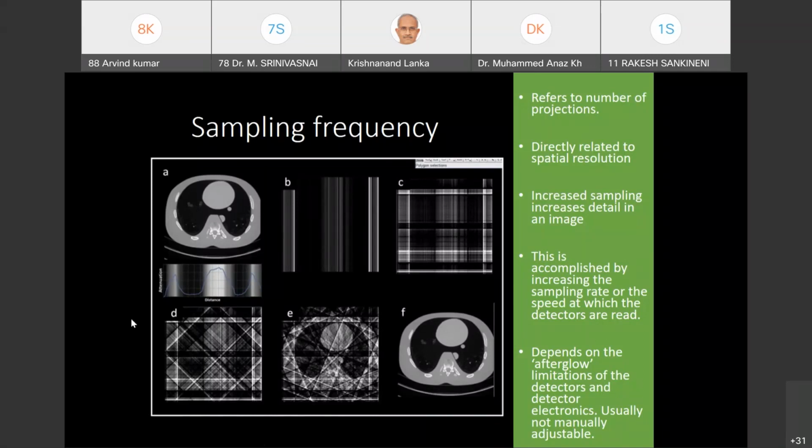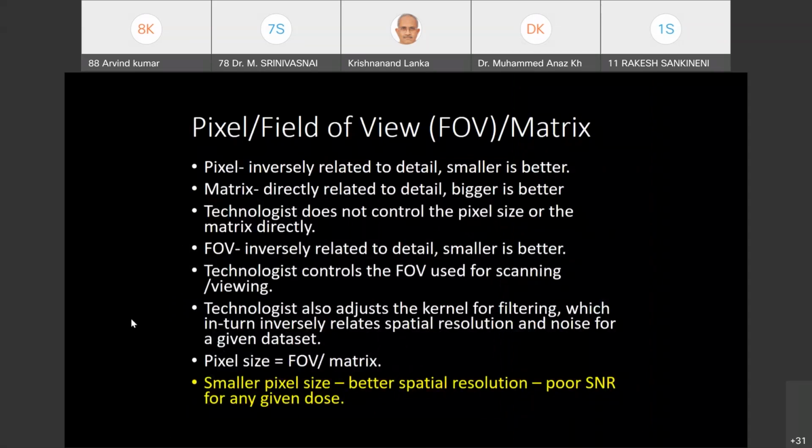The sampling frequency, and then this field of view. Field of view is explained in subsequent slides. So pixel is inversely related to detail, smaller is better, right? And then matrix is directly related to detail, bigger is better, right?